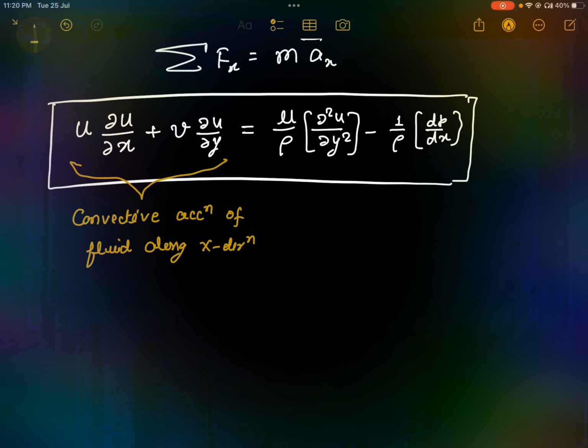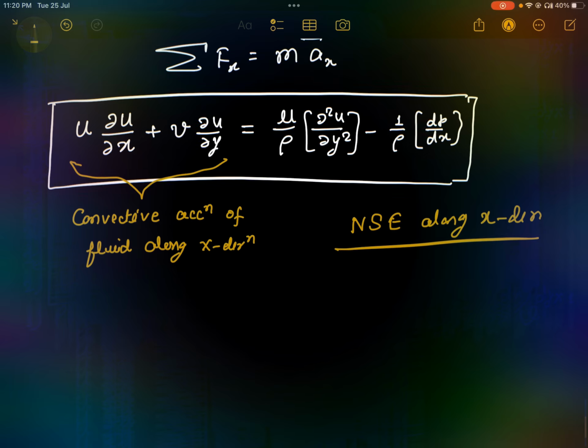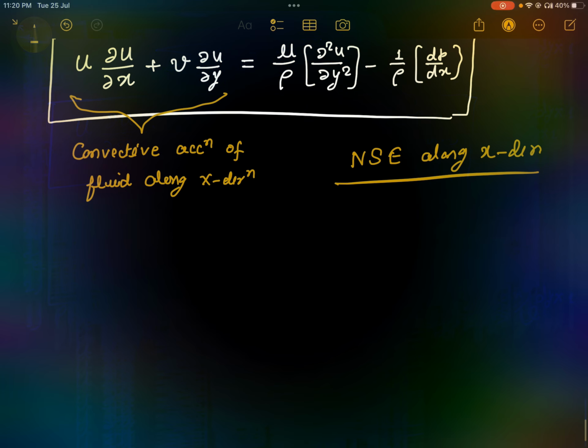So we can also say that this is the Navier-Stokes equation of motion along the x direction. I have only written it in the x direction. You can also find it along the y direction, by equating all those equations. But there is no need to, because in the y direction we will not get any important results. There is only one result we'll get. I will tell you after that.